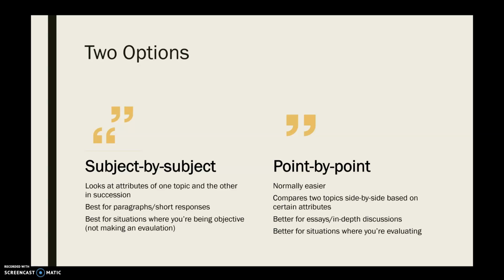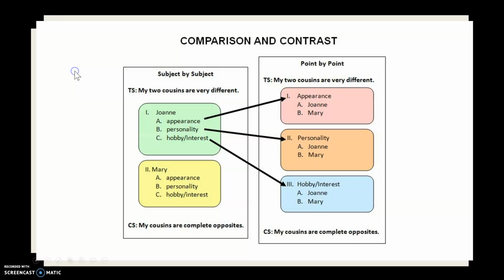Most teachers agree that it's easier to do it well. It compares two topics side by side based on attributes. It's better for essays and in-depth discussions, although you can definitely use it in a short paragraph, or for situations where you're evaluating, trying to compare the two things side by side to show which is better.